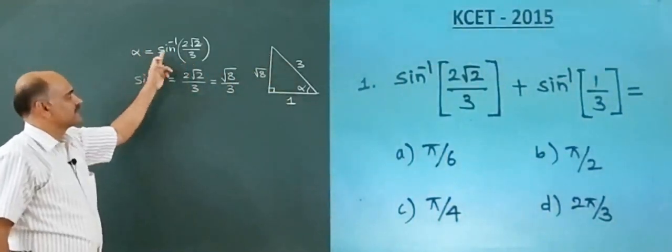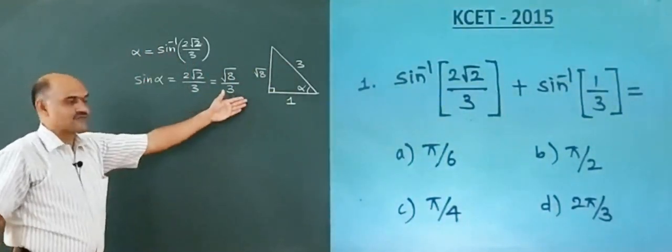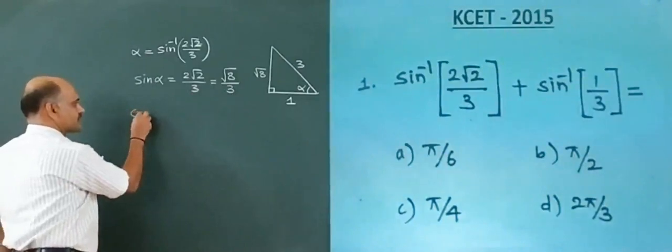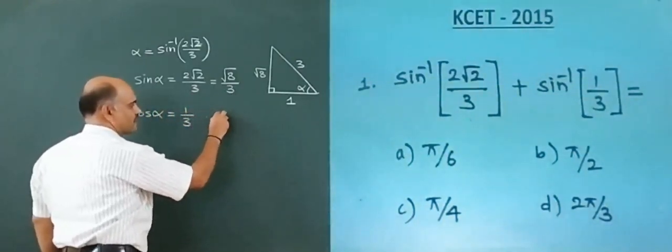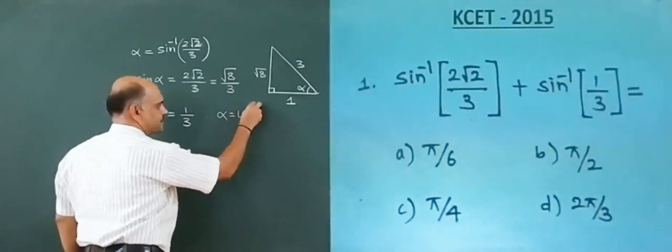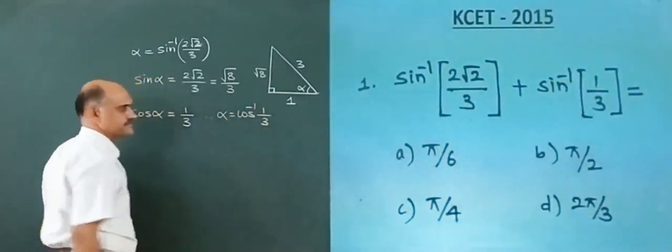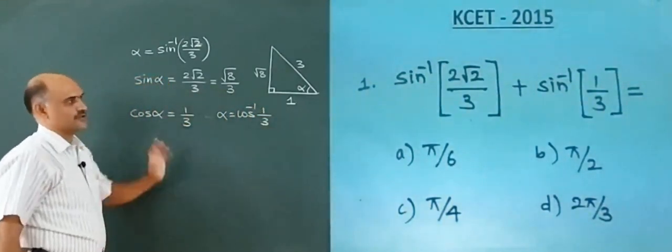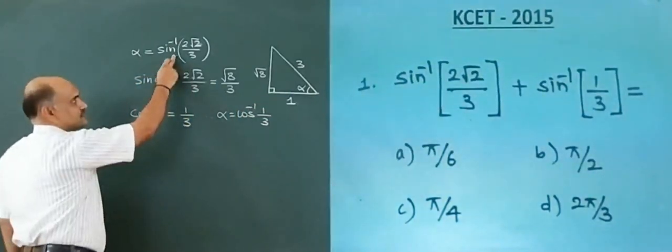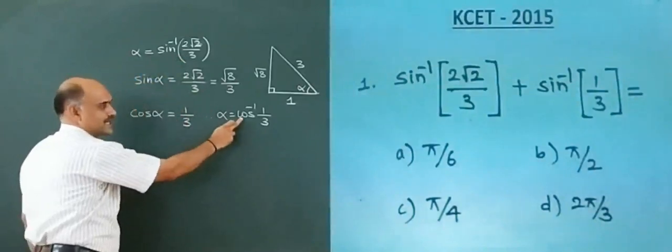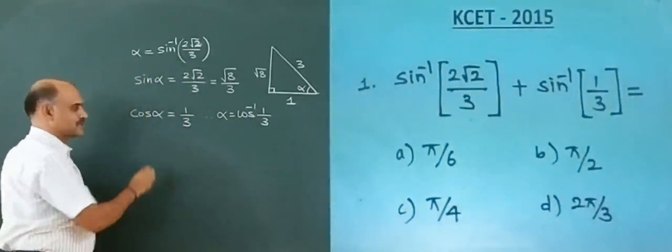So alpha will be cos inverse 1 by 3. Now if you substitute in the problem, sine inverse 2 root 2 by 3, I can write it as cos inverse 1 by 3.